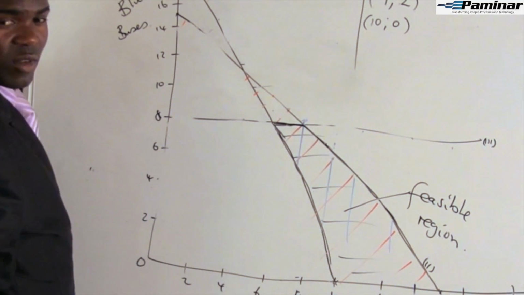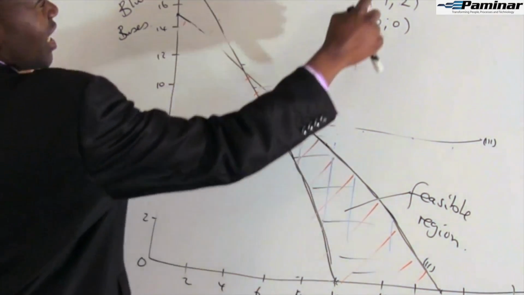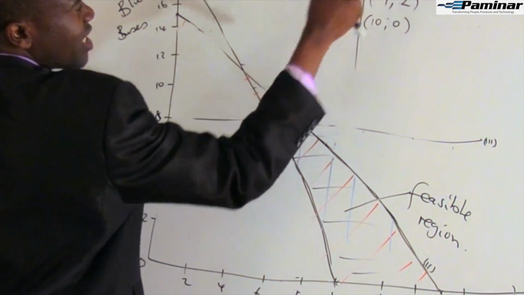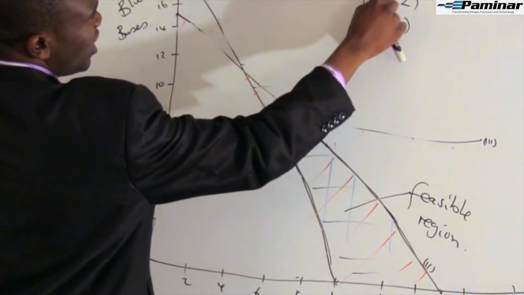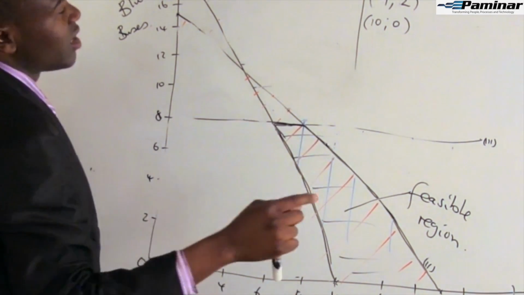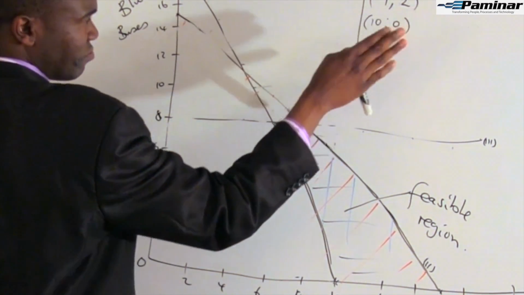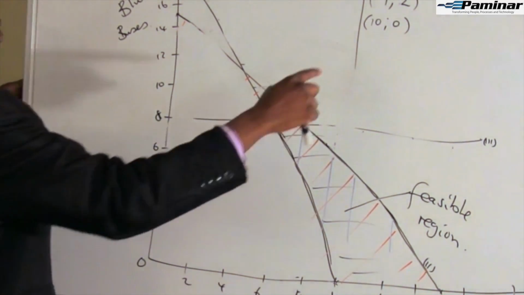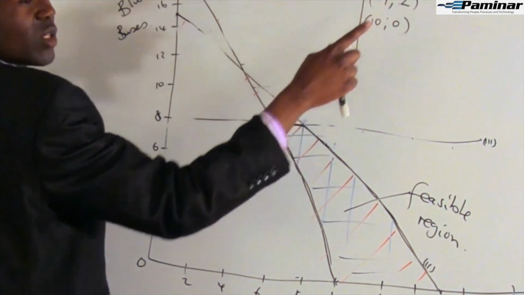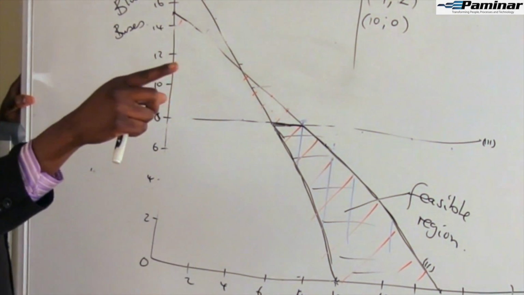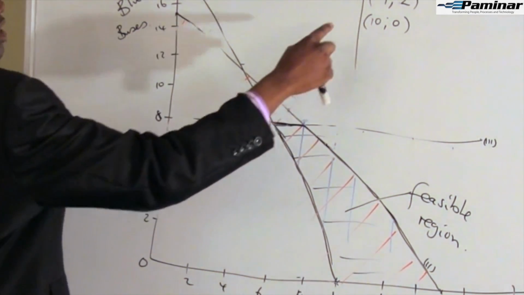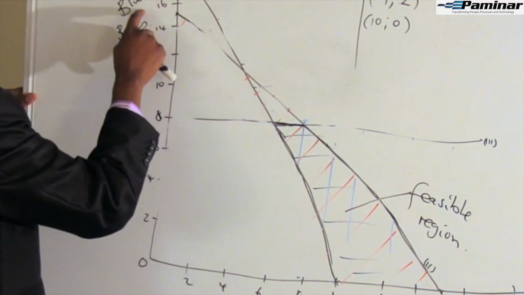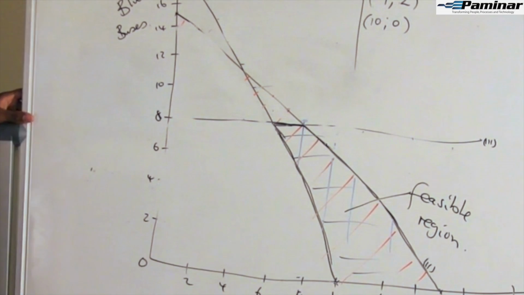What does it give you? 14. So we can't have 6 and 8. This is out of the question. 7 and 6? Out of the question. 8, 4? 12. That's it. 9, 2? 11. 10, 0? 10. But we have 12, so we are going to choose this point. So we're going to have 8 red buses and 4 blue buses, so that we have 12 drivers.